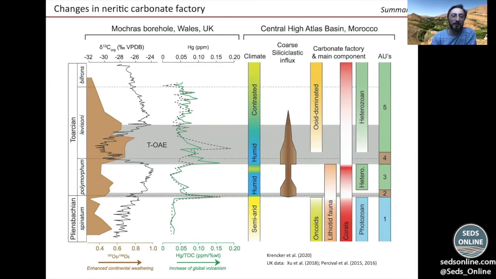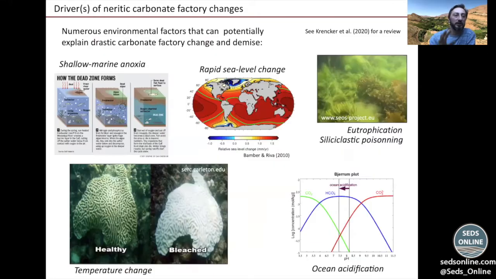So now, now that we know that there is this link with global environmental change, the question is, what is actually driving this change in carbonate production? There are a lot of factors that you could think of, and some of them are listed here, and you can have a look at Krencker et al. 2020 for a review on that.